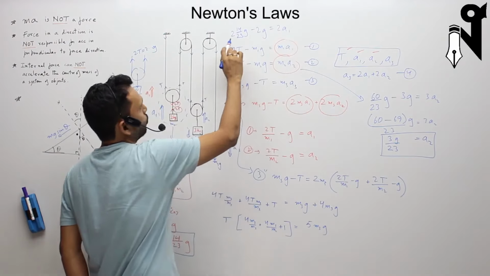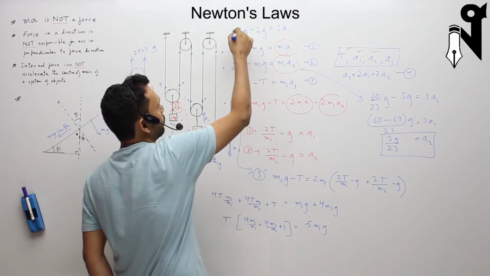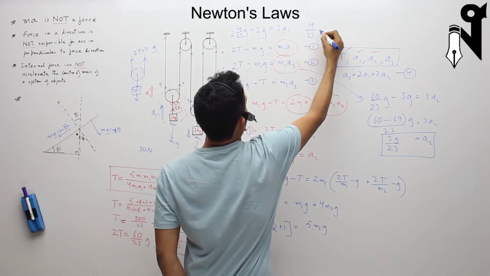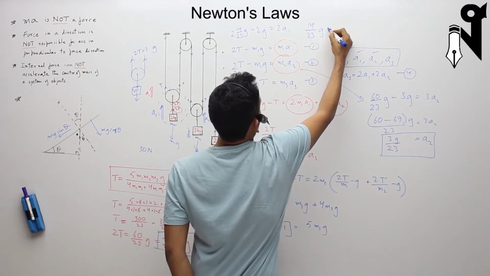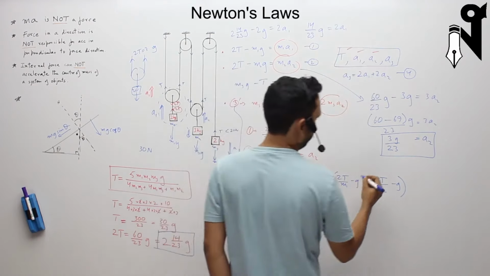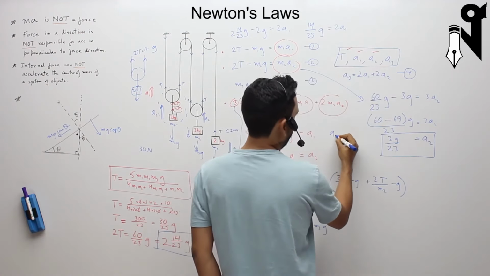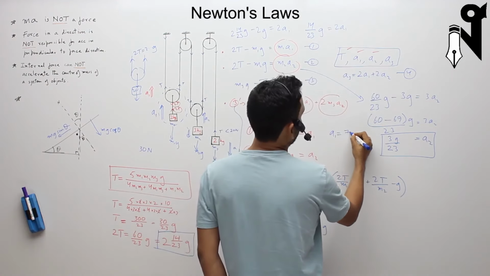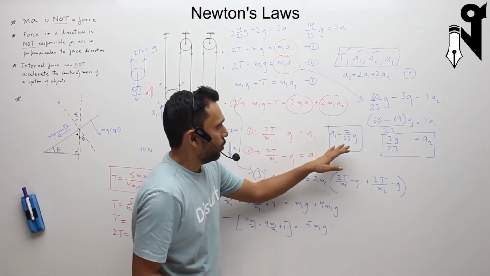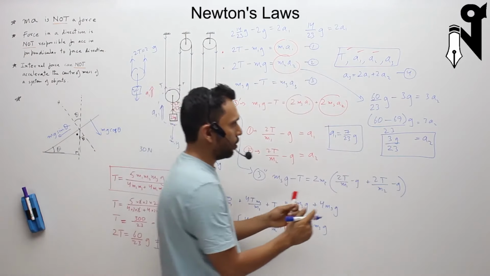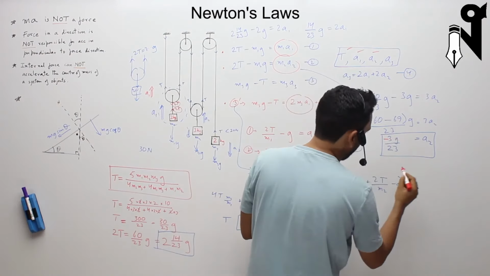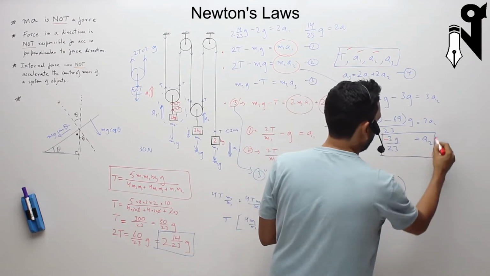So 14 by 23 G is equal to 2A1. Hence A1 is equal to 7 by 23 G. So A1 is correctly going in the direction we thought. A2 is not. A2 is going in the opposite way to what we have assumed.